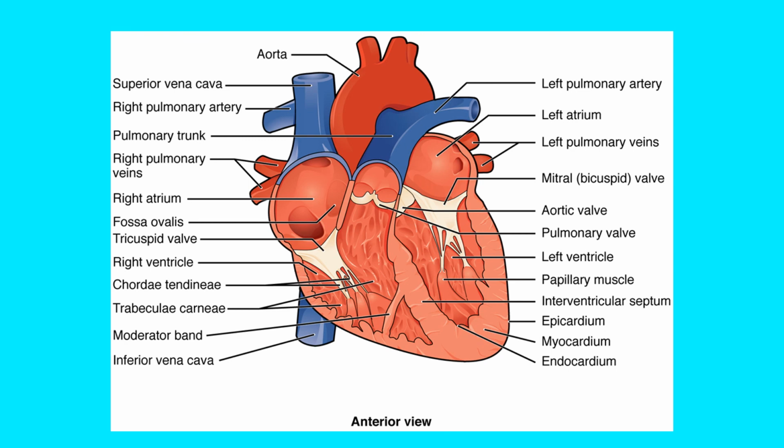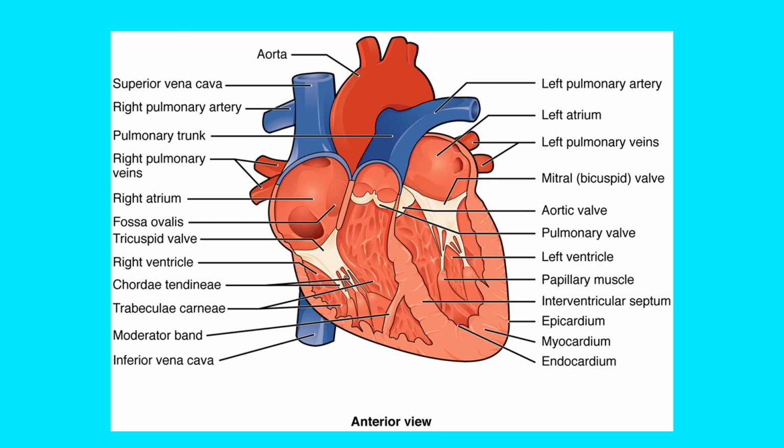And from there, it's going to travel through the systemic circulation, providing oxygen that is just gained from the lungs, nutrients, providing that to all of the various tissues and organs throughout the body other than the lungs.